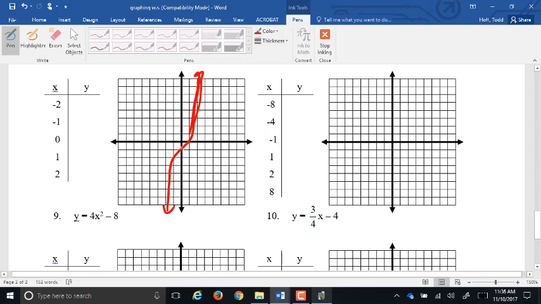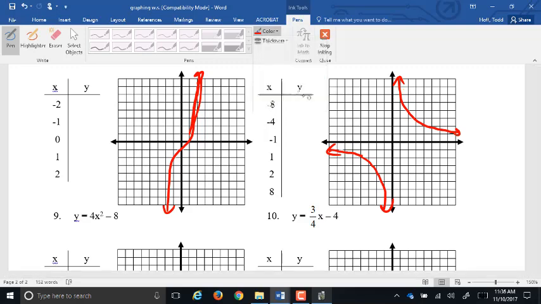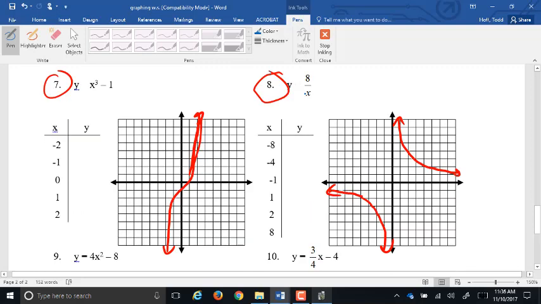Number 8 is the one that drives people nuts. Number 8 should look something like this. It's actually 2 separate curves. Similar to number 4 where we had that square root where we couldn't have any values that are negative. Here, if I put x equals 0 in here, what would be 8 divided by 0?